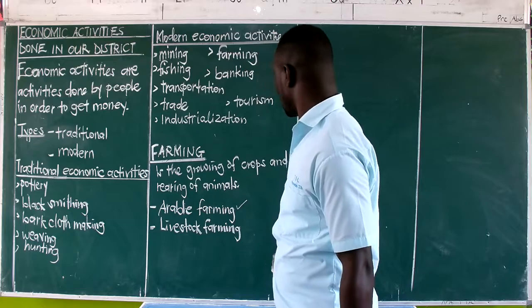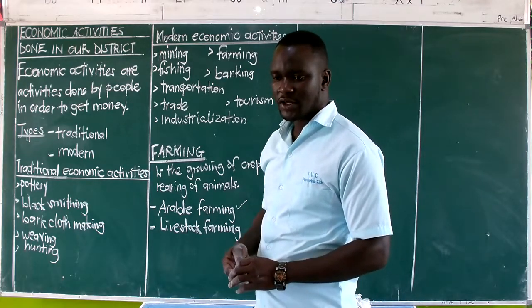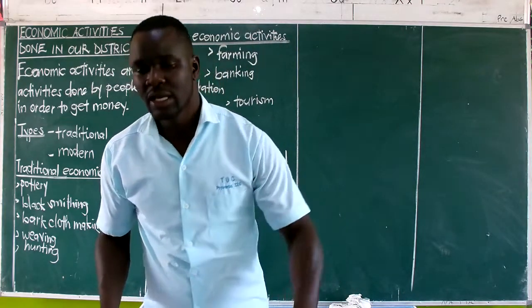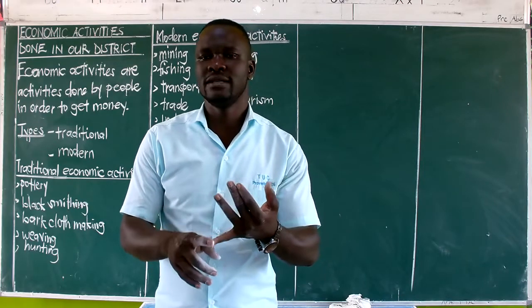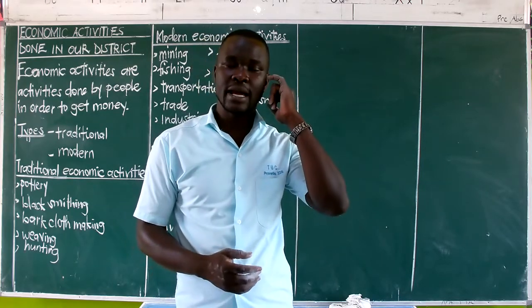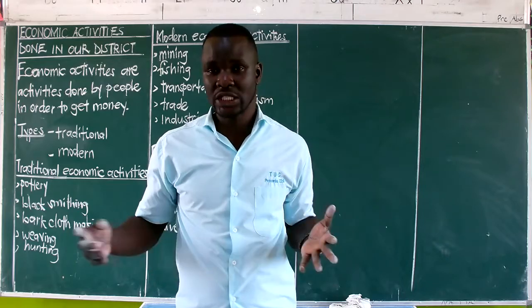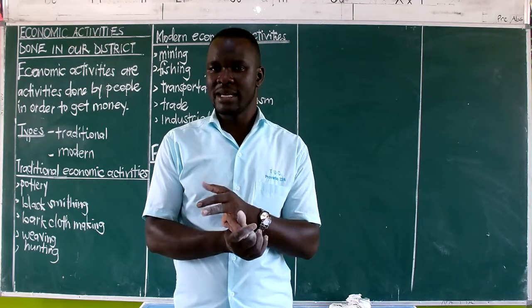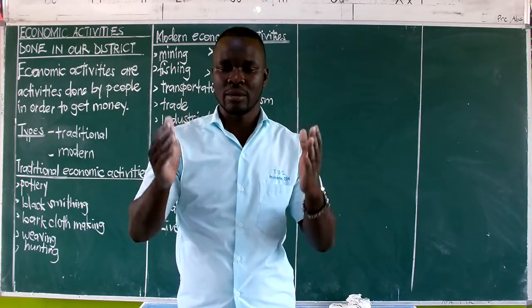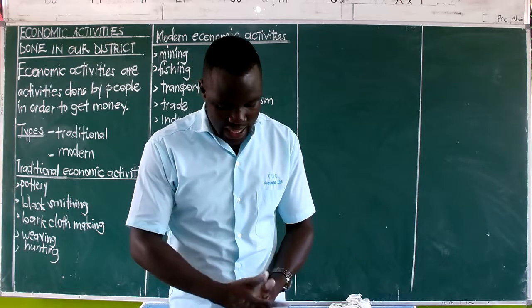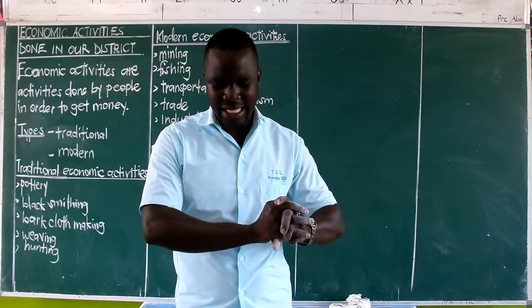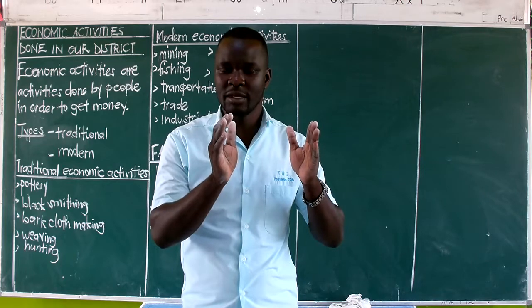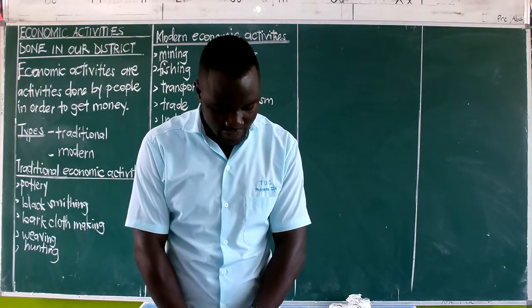And when we go to livestock farming, we are looking at the keeping of animals. For example, ranch farming, that is keeping animals mainly for beef production. And then we have dairy farming, that is rearing cows mainly for milk production. So those are, among others, the systems under livestock farming.